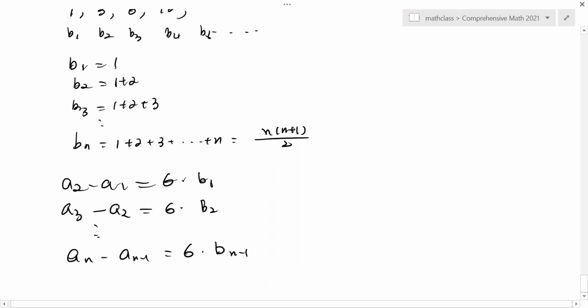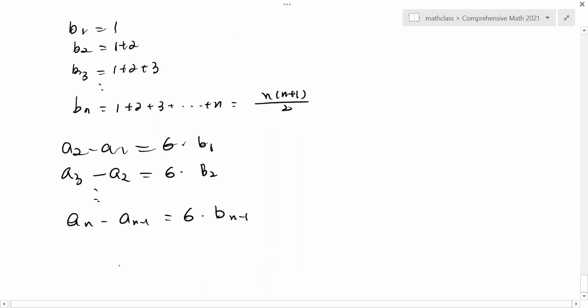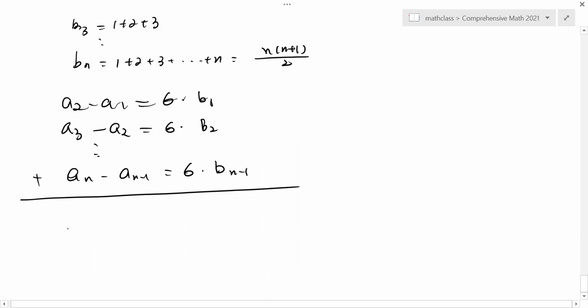Now, how can I get to the nth term? I add all together. If I add all together, all the terms on the left-hand side are gone except those 2 terms. The right-hand side is B1 plus B2 plus B3 all the way to B(n-1). It's not too bad, right?